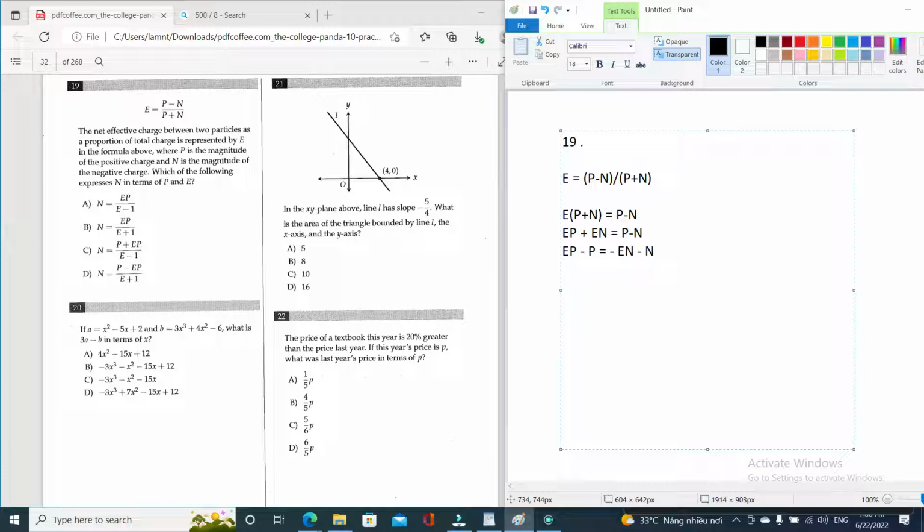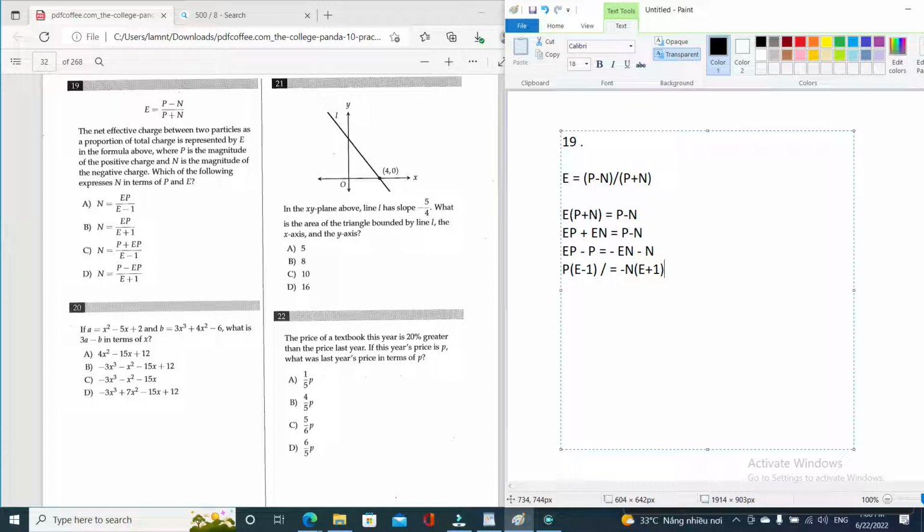So P outside, sorry, E minus 1 over, so minus n outside. Inside we have E, but because it's minus n, we just have to change it to plus 1.